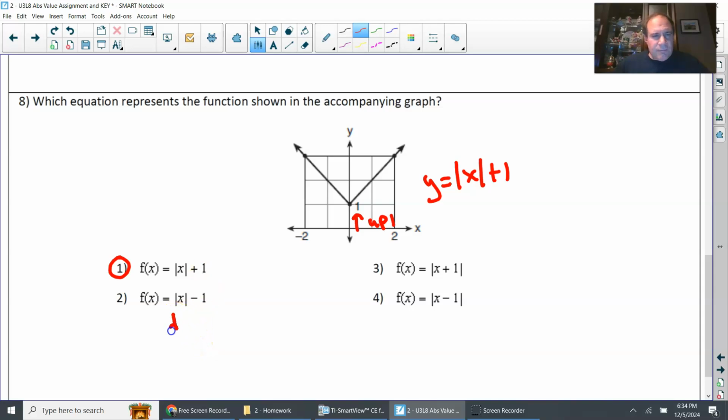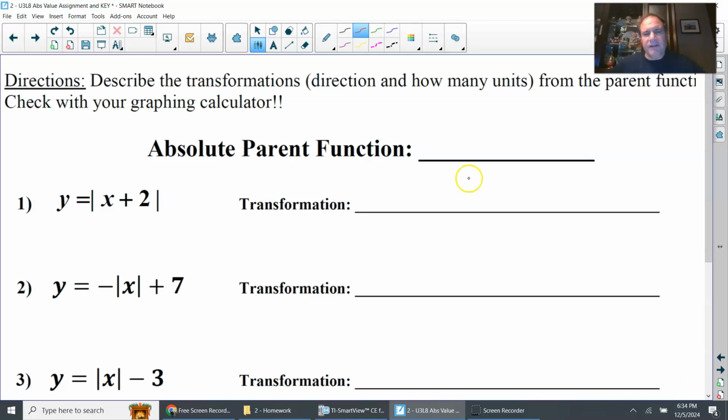This goes down 1. So that's out. This one will go to the left 1 and this one will go to the right 1. And again, you could put all of these into your calculator and you could figure out exactly which one it is.